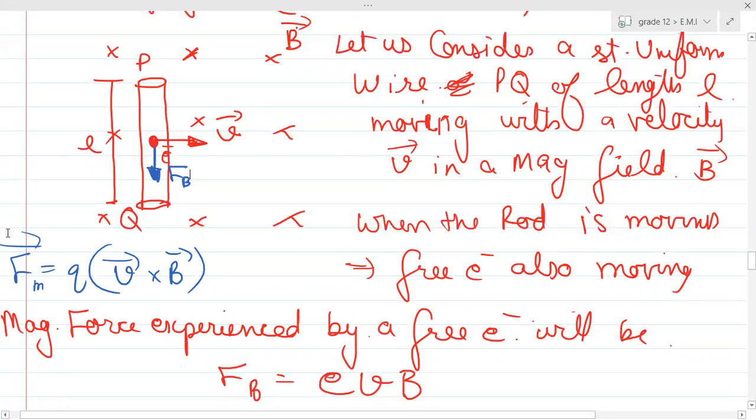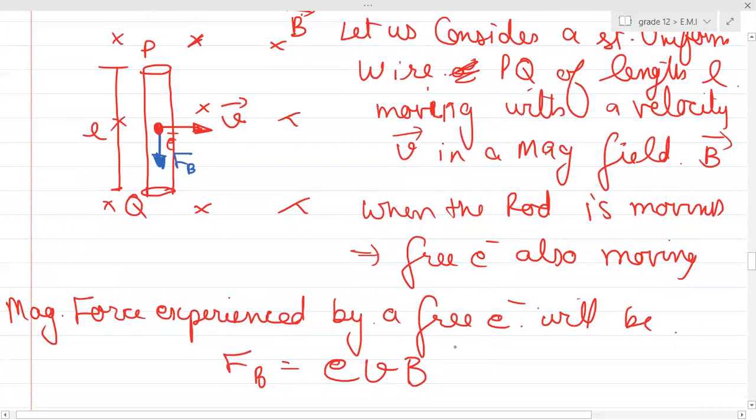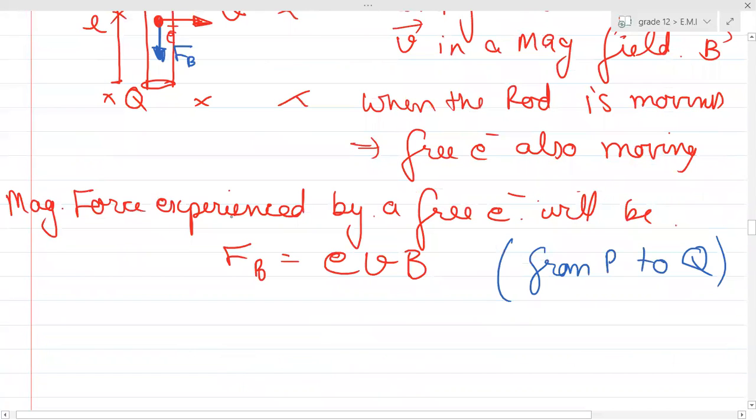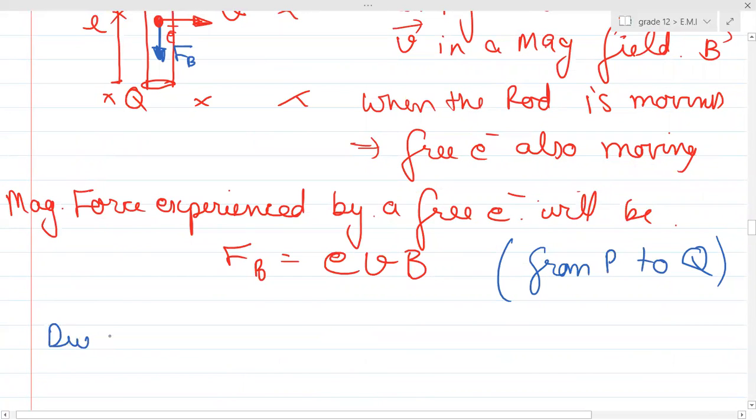So now this force is acting in what direction? The direction will be from P to Q. Now due to this force, what will happen? Due to the magnetic force, are the electrons free to move in this?